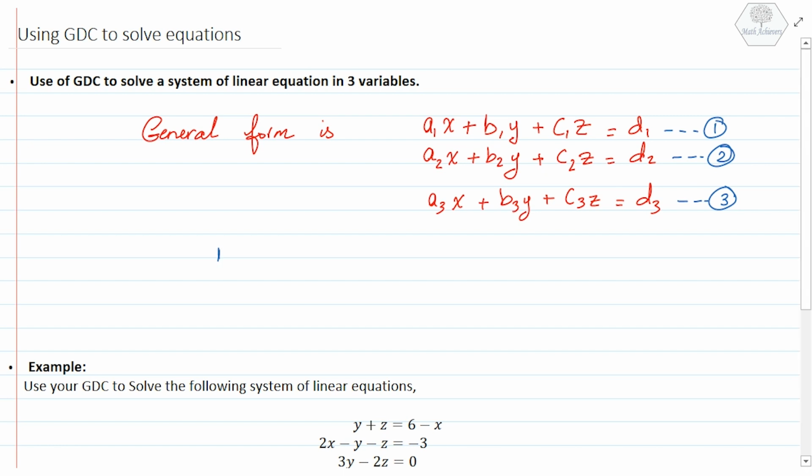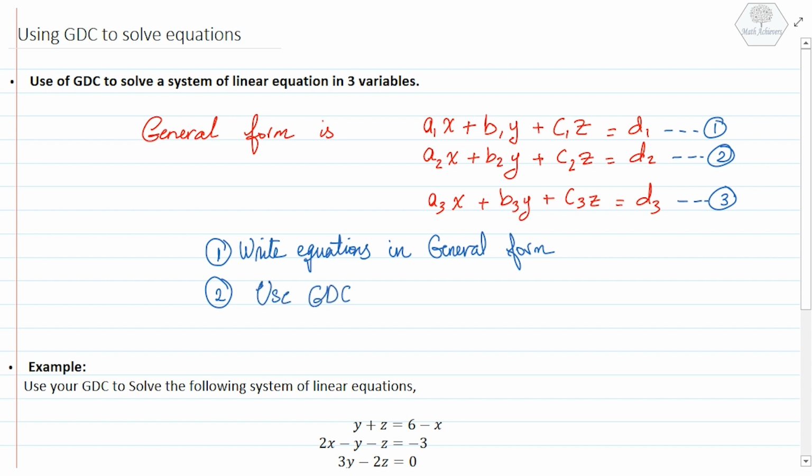So the first thing I need to do in order to solve them, as always, is to write the equations in general form. The second thing we have to do is use the graphical display calculator to solve for x, y, and z.